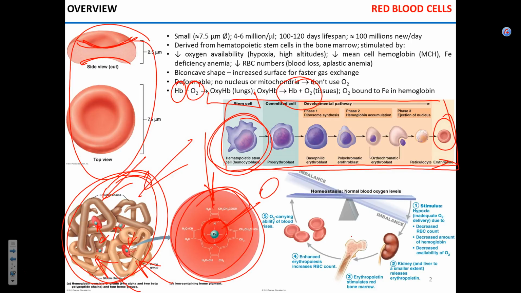Anemia, yes. It depends on what kind of anemia you have. Does that make sense? Because if you have aplastic anemia, that's an inability of bone marrow to produce red blood cells. It would like to produce, but it cannot. What else?